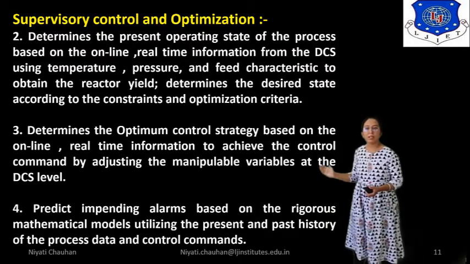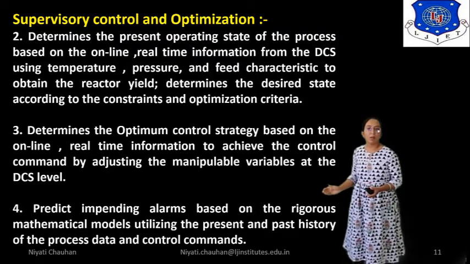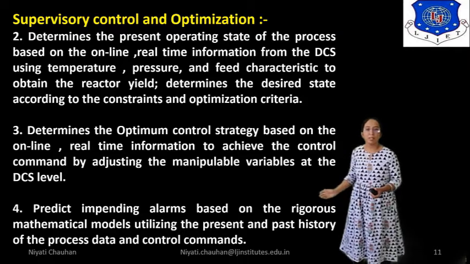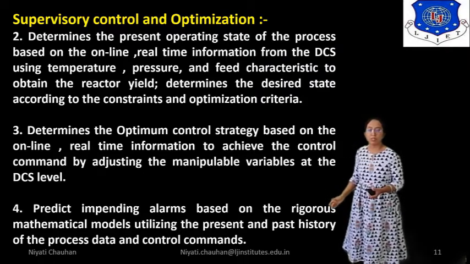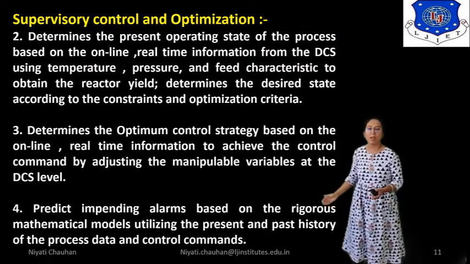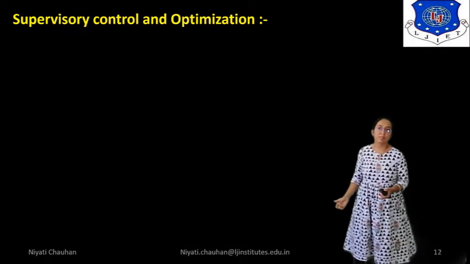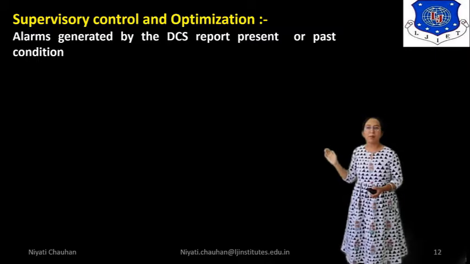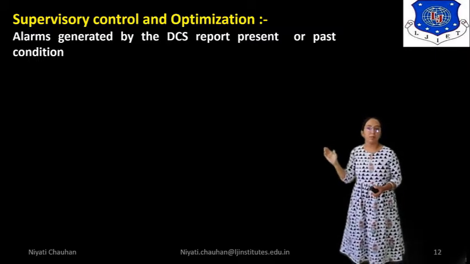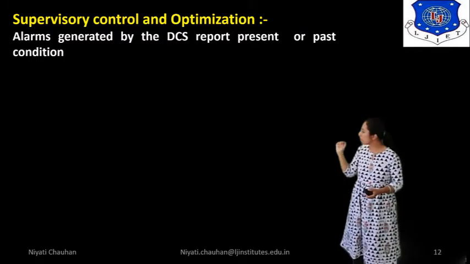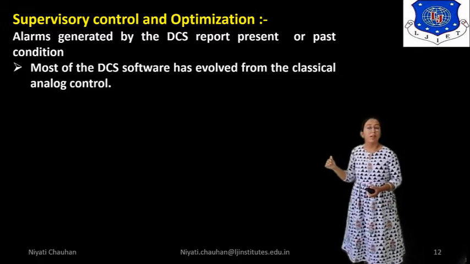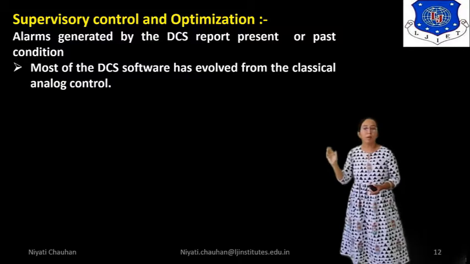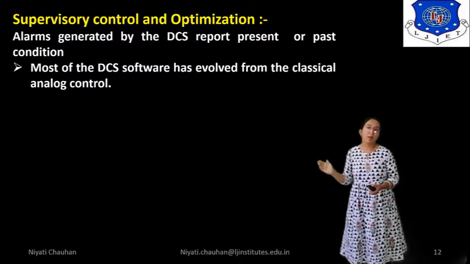Predict impending alarms based on a rigorous mathematical model utilizing the present and past history of process data and control commands. Alarms generated by the DCS report present or past conditions. Most of the DCS software has evolved from the classical analog control.